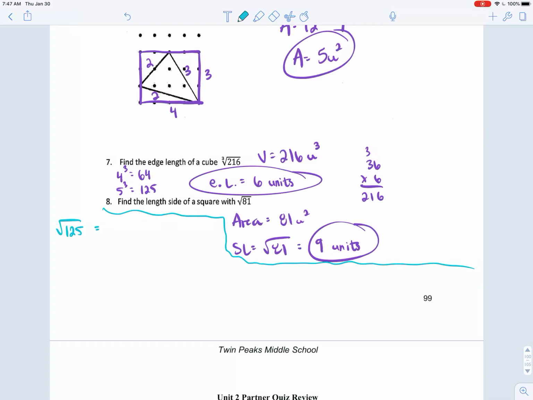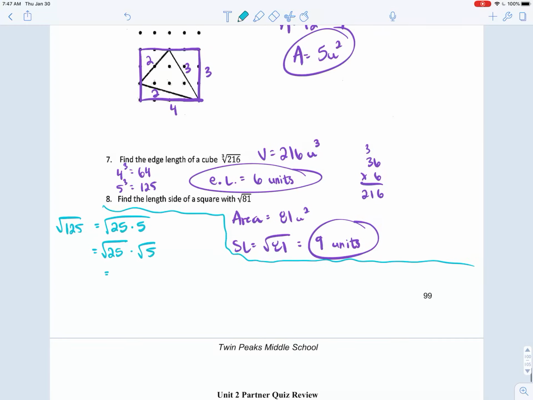We're trying to split this number underneath your radical into a perfect square and another number. So I know that 25 times 5 gives me 125. Just so happens that I can take the square root of 25, so I could rewrite my expression like this. The square root of 25 is 5, and then that times the square root of 5. So there's my final answer.